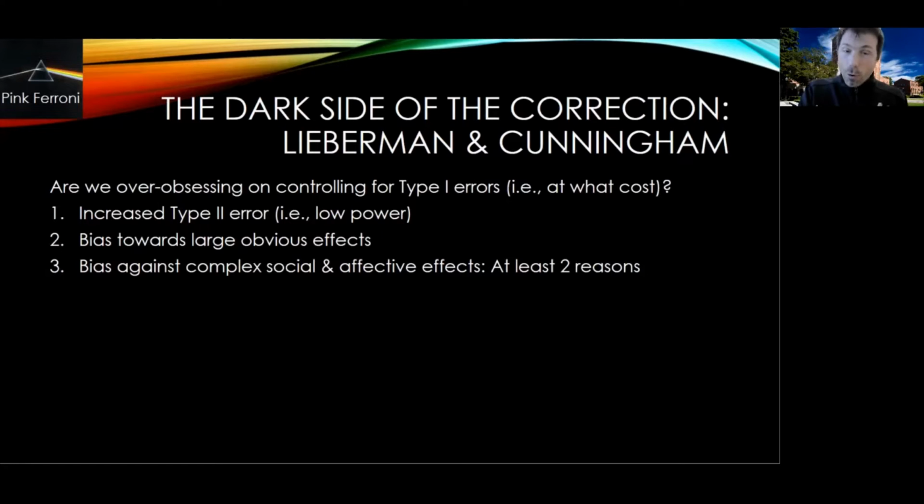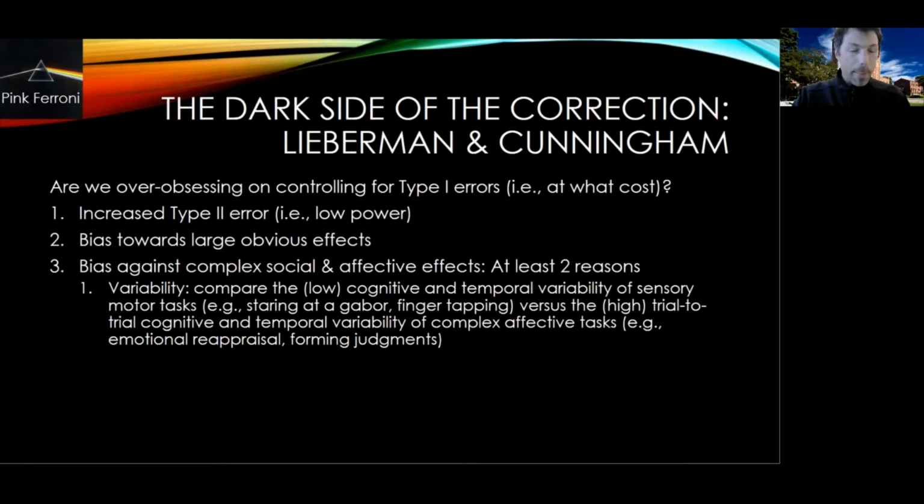Essentially, the more you go away from sensory processing and sensory responses, the more you get penalized by this very stringent approach to managing type 1 error. And there are at least two reasons in their argumentation.